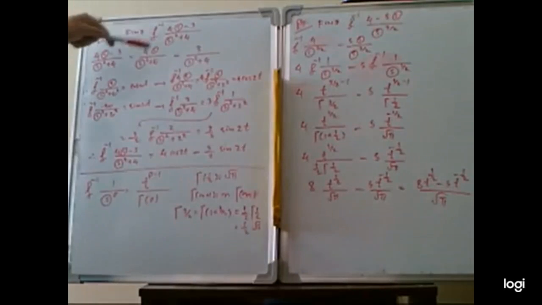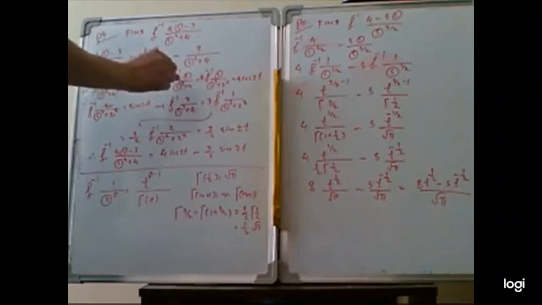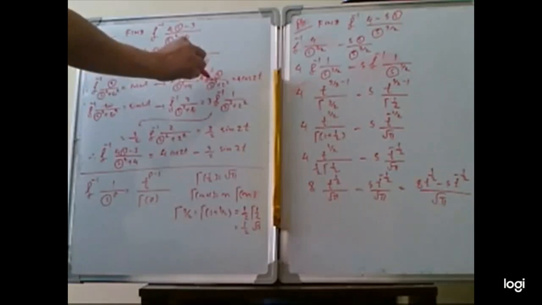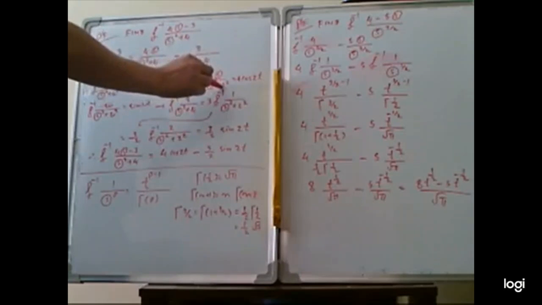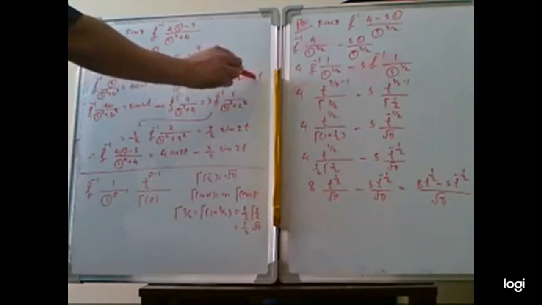For the 4s by s squared plus 4, we can use the cos omega t formula. The Laplace inverse of s by s squared plus omega squared is cos omega t. Therefore the Laplace inverse of 4s by s squared plus 4 will be 4 times Laplace inverse of s divided by s squared plus 2 squared, so that will be 4 cos 2t.